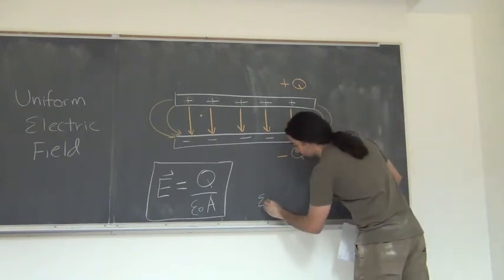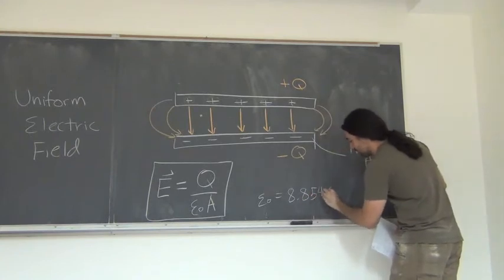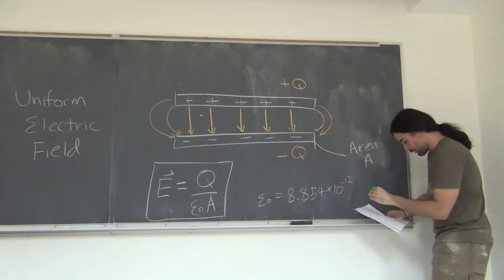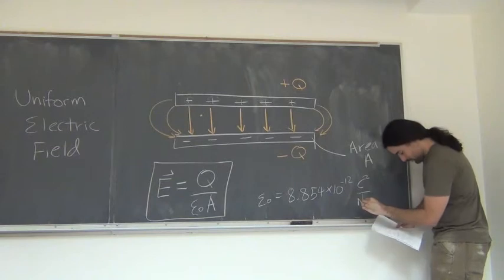I'll remind you that epsilon naught is 8.854 times 10 to the minus 12 Coulomb squared per meter squared.